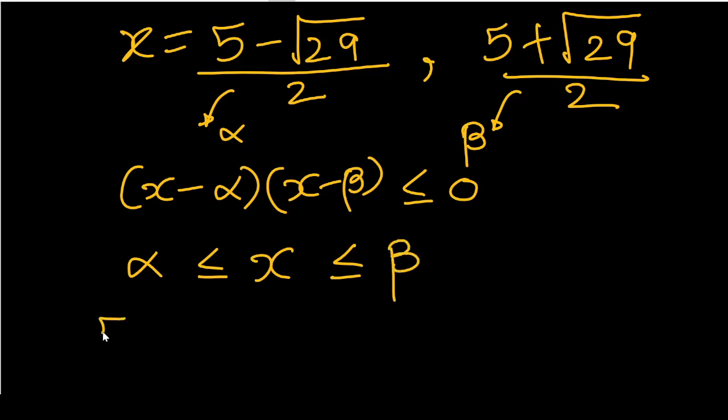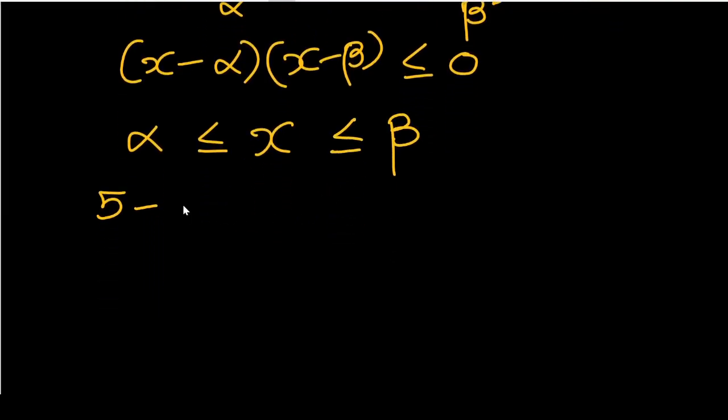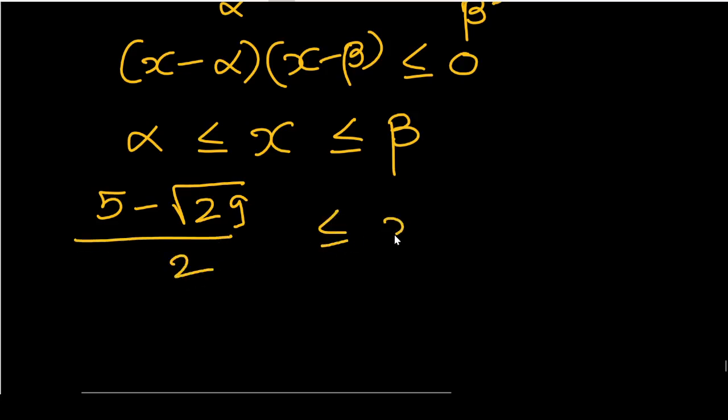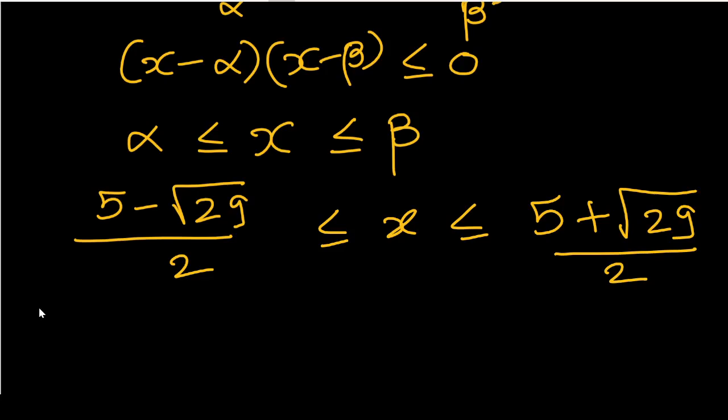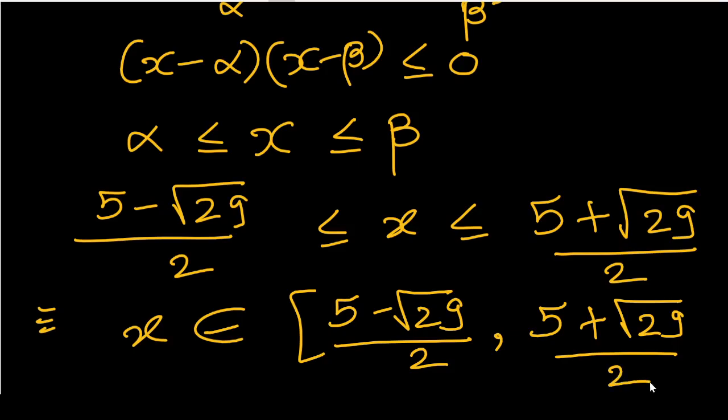So alpha we will substitute as 5 minus root 29 by 2, and beta we will substitute 5 plus root 29 by 2. Equivalently, the answer would be x belongs to 5 minus root 29 by 2 comma 5 plus root 29 by 2. That would be the answer, guys.